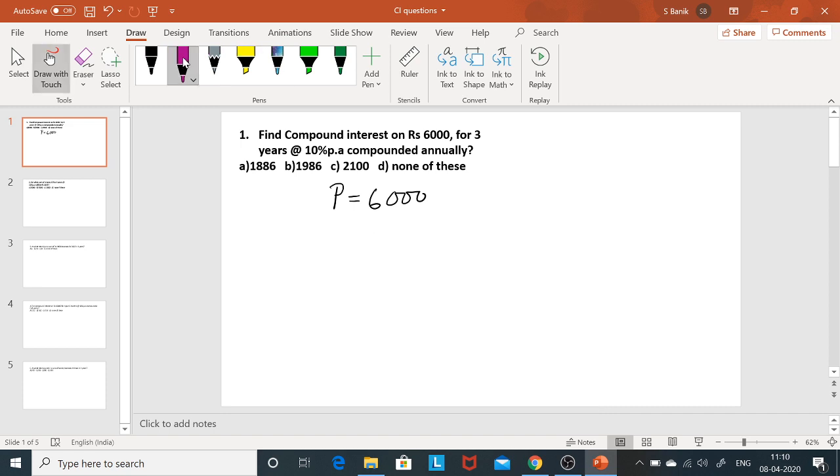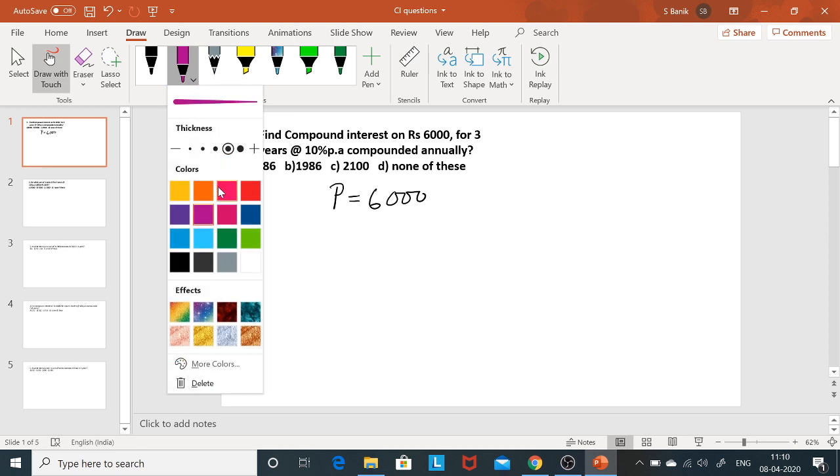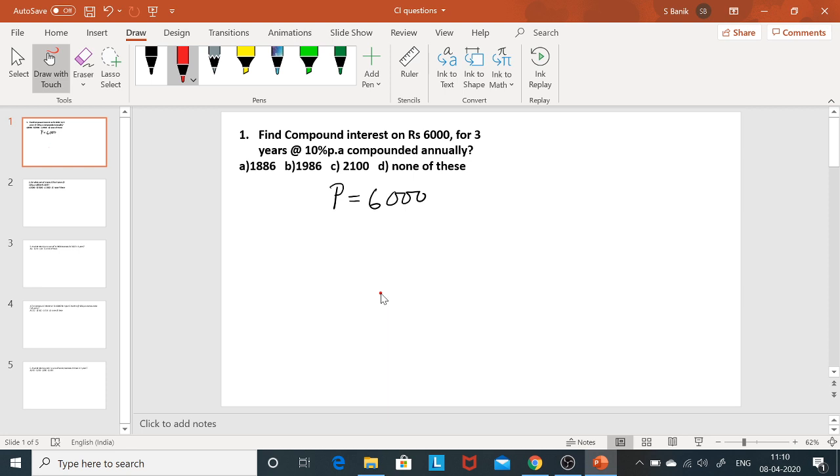Now your rate of interest is 10% per annum, and the duration is 3 years.